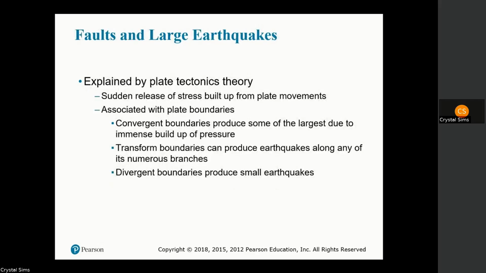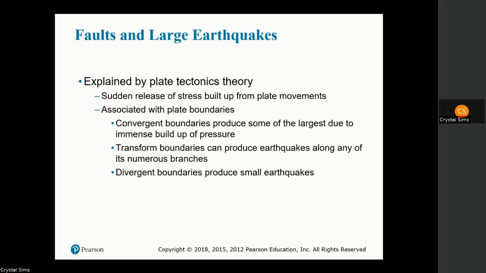If we look at the slippage that occurs along faults, we can use our plate tectonics theory that we've already discussed to explain how these large earthquakes are able to occur. Faults associated with convergent and transform plate boundaries are the source of most of our large earthquakes.